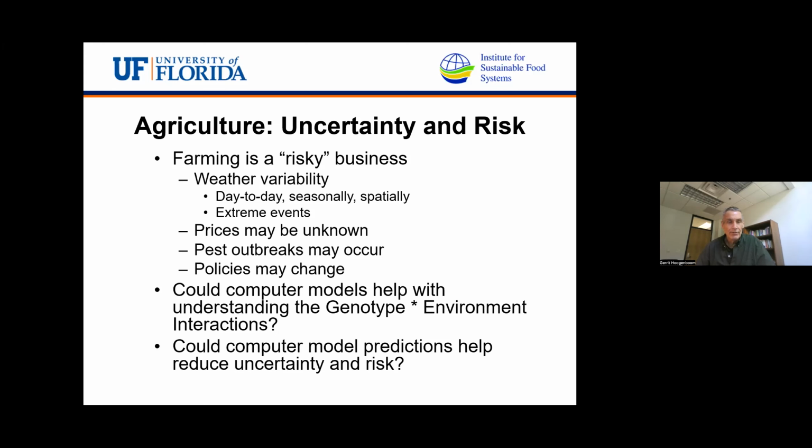So really the question I would like to pose as part of this seminar is, can computer models help with understanding the genotype by environment interactions as part of this whole area of uncertainty and risk within agriculture? And also, could computer model predictions help reduce the uncertainty and risk?